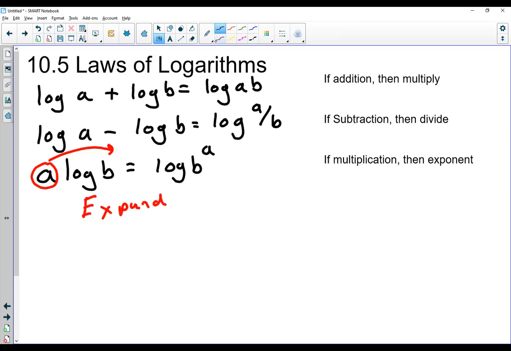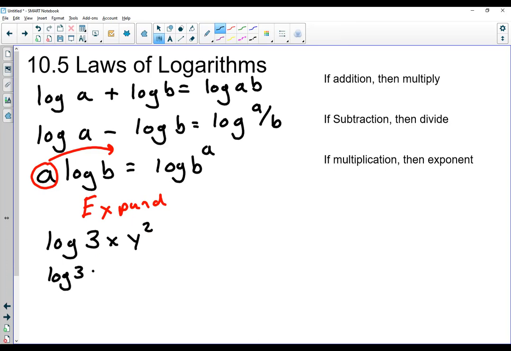When I give you something like this, log 3x y to the second, we would make the log into multiple logs. Since this is multiplication on the inside, it becomes addition on the outside.